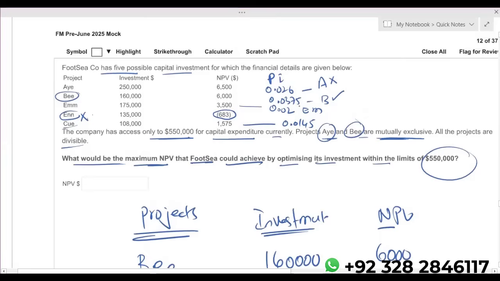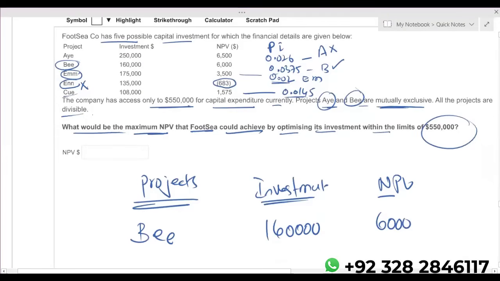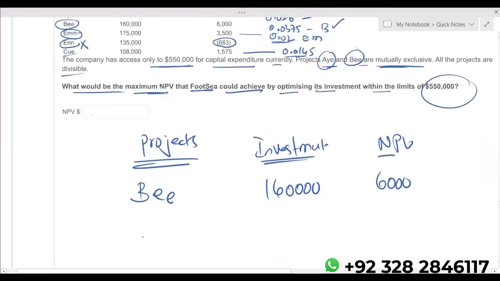After that, I'll go for EM because EM's profitability index is more than, can I say, 0.02 is more than 0.0145. So let's go for EM. We'll be investing 1,75,000. We'll get NPV 3,500.